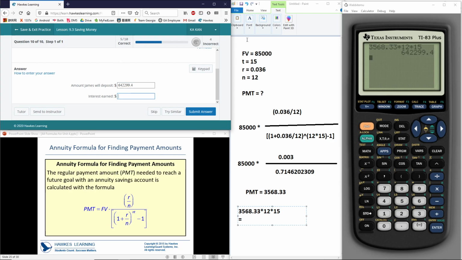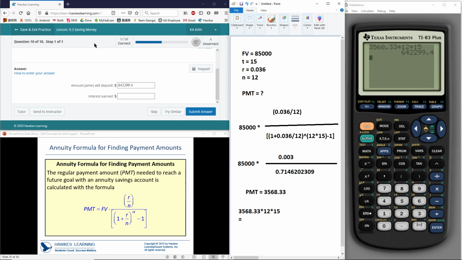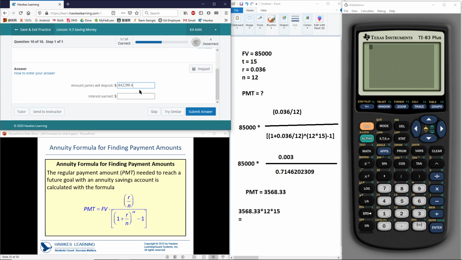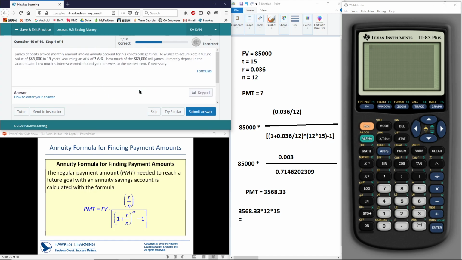Now let's look at this. Future value is 85,000. So he will get, well, one second. I'm afraid I made a mistake somewhere. That's too much money, right? There's no way I can put that much money. I only got $85,000. Let me see. Which part did I mess up?